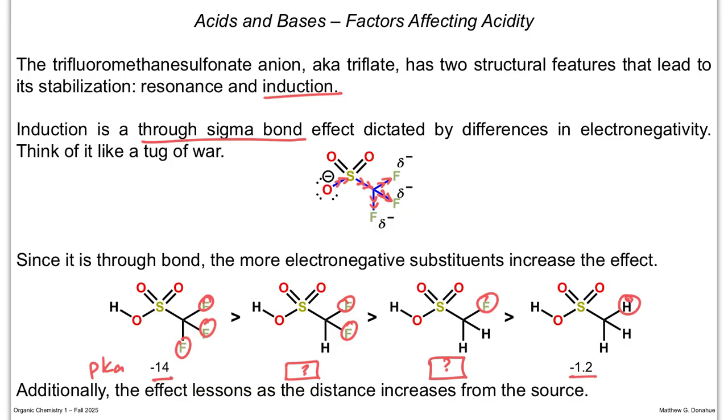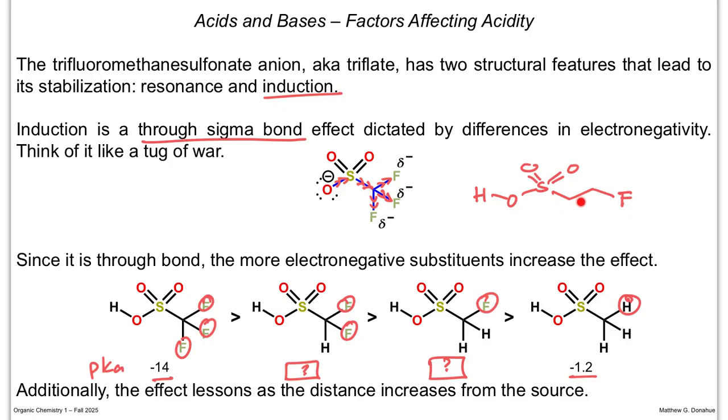I must have taken the slide out. I thought I had an example. Let me just illustrate that. So here you have 1 carbon, then the fluorine, so now you have 2.